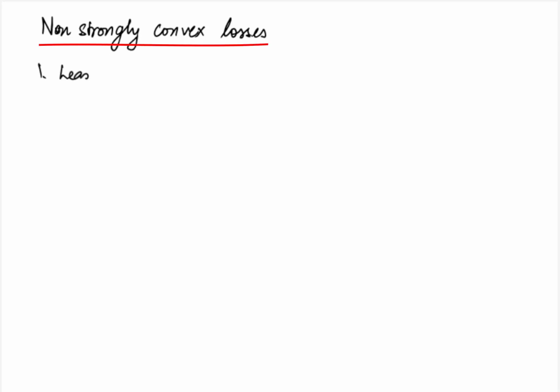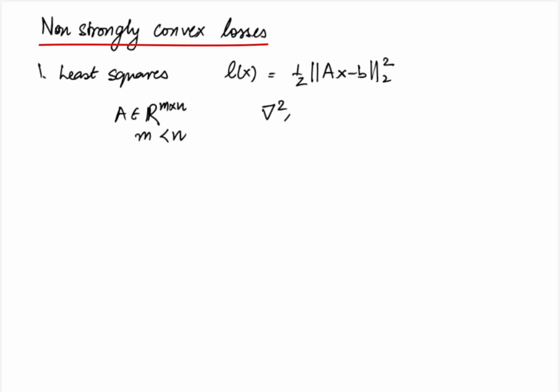Consider the least squares loss function, which is given by half of norm square of Ax minus y, where A is some m cross n matrix and m is less than n. You can easily calculate the Hessian of the loss function as A transpose A, which need not be positive definite if m is less than n.